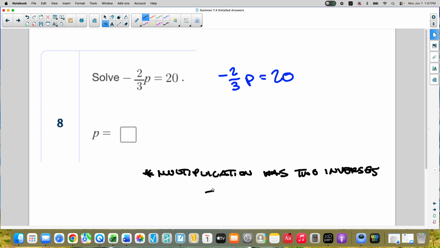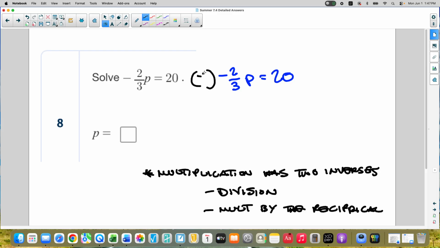The most logical one is division. The inverse of multiplication is division. Everybody knows that. But the other one is multiplying by the reciprocal. That is also the inverse of multiplication. So the reciprocal of negative 2/3 is negative 3/2.